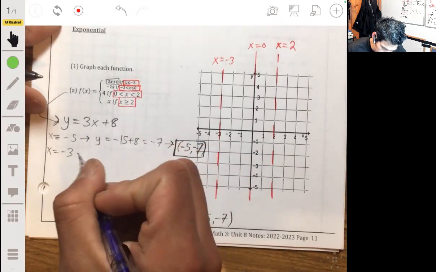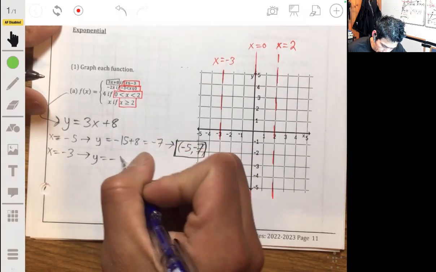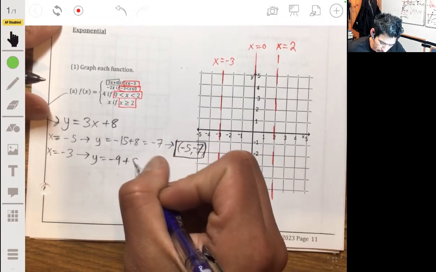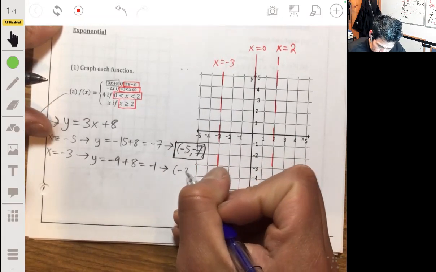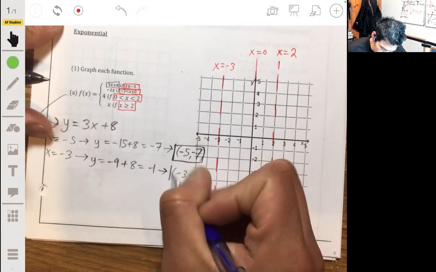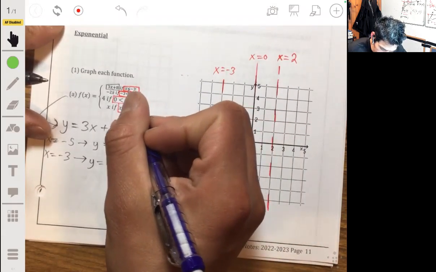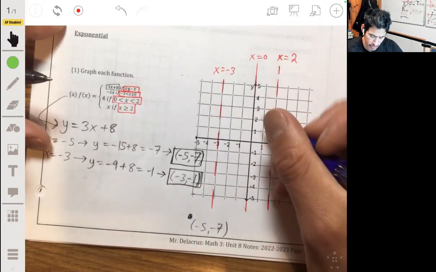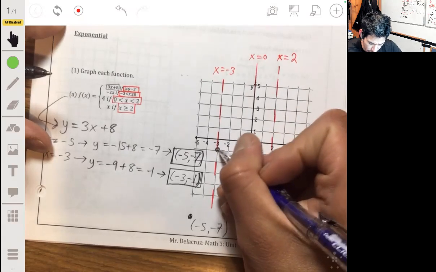That'll give us y equals 3 times -3, so -9 plus 8, so -1. So then we have a point at -3, -1 as well. And that's going to be on the graph because it says less than or equal to -3. So we're going to have a solid dot here. -3, -1, I mean right here.